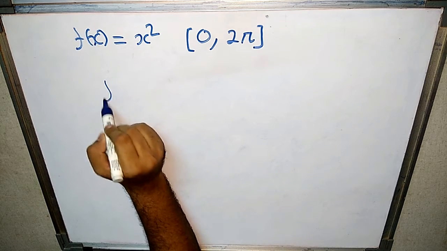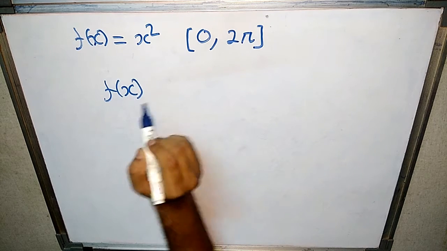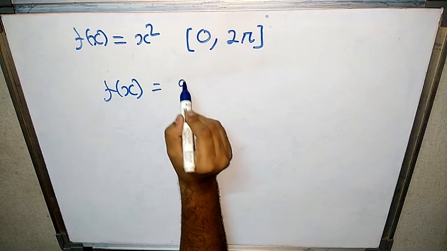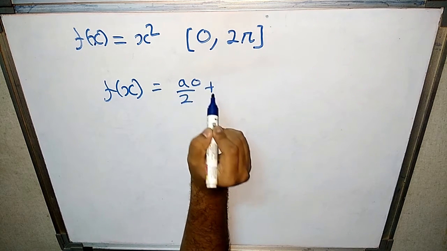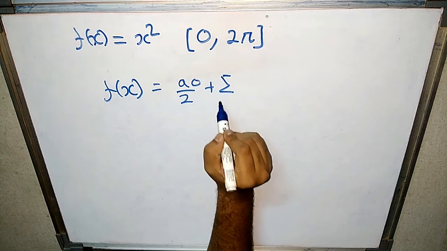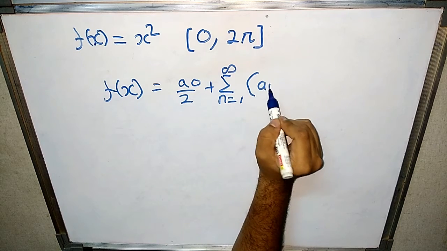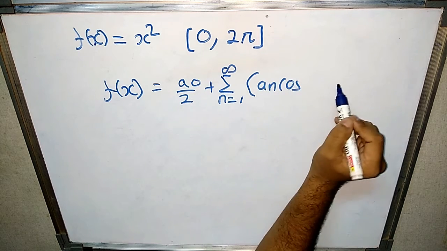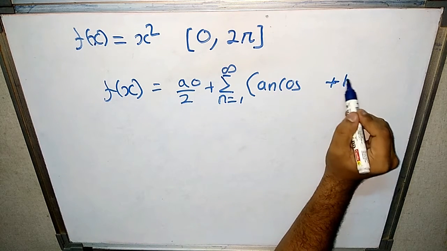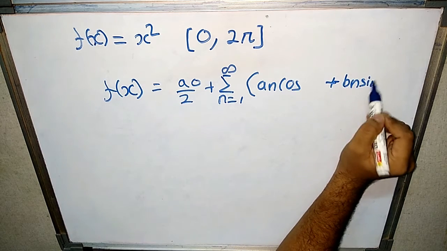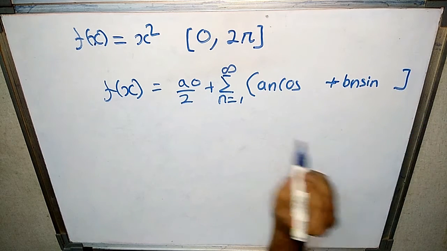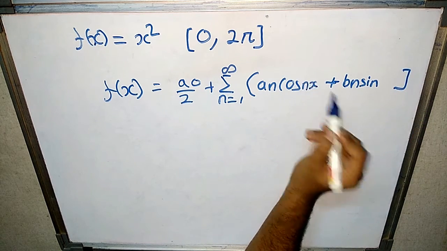Therefore f of x for interval pi is given as a0 by 2 plus summation n equal to 1 to infinity of bracket an cos plus bn sin, and the angle for pi is nx.